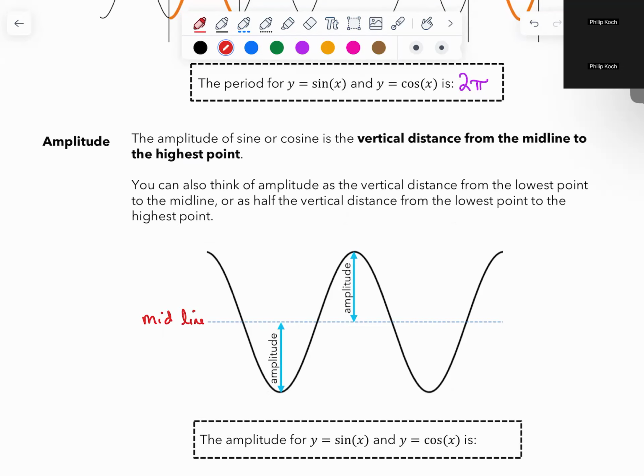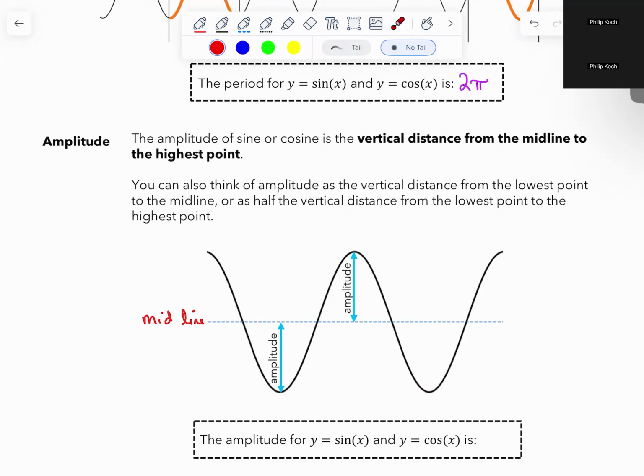The line goes straight through the middle. The reason it's half the distance from a peak to a valley is that 2 amplitudes equal the distance from a valley to a peak, so the amplitude is half of that. It's how much you have to go up or down to reach a peak or a valley, respectively.